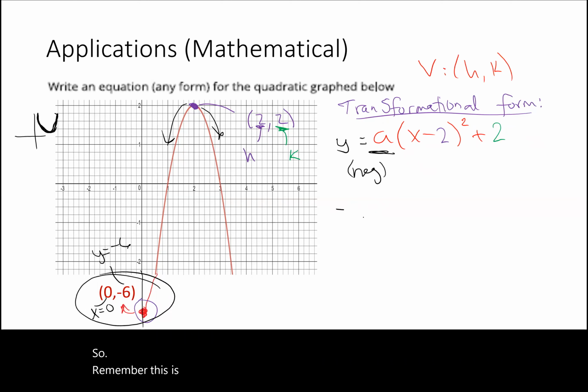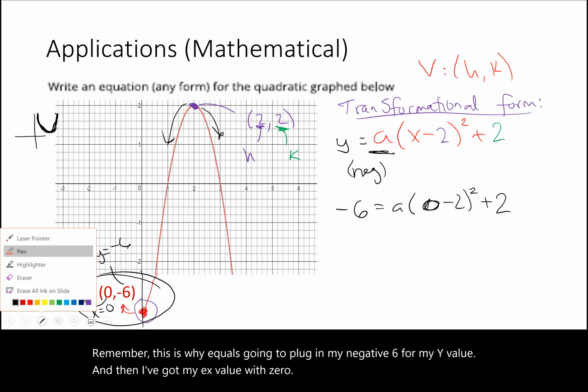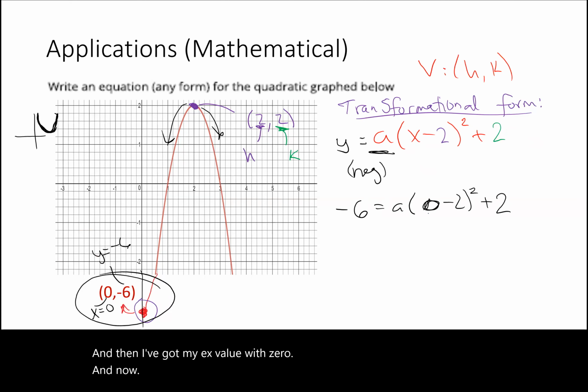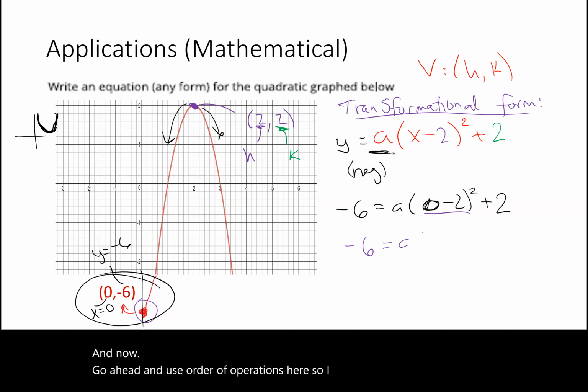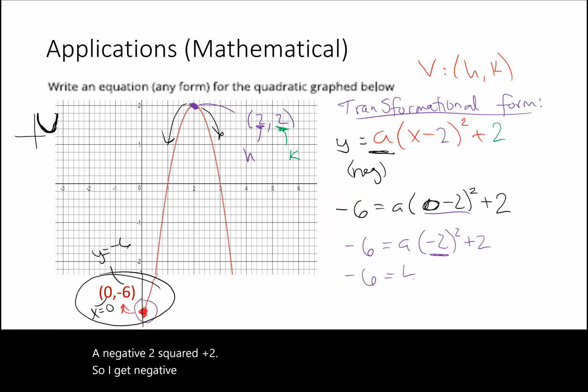I'm going to plug in my -6 for my y value, and then my x value was 0. And now I'm going to go ahead and use order of operations here. So I get -6 is a times -2 squared plus 2. So now I get -6. The -2 squared, that comes out to 4.